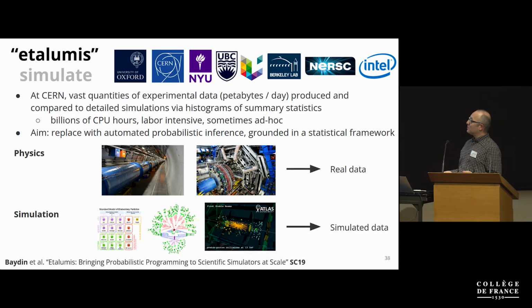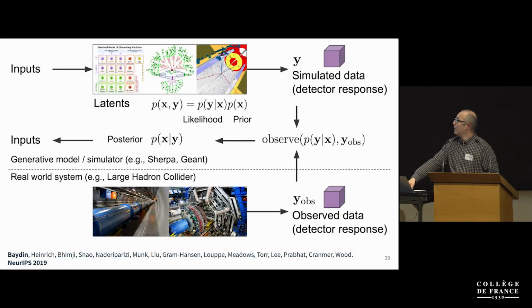So the ultimate goal is to have an inference pipeline that would make that type of thing more principled, or doing something like probabilistic programming, where you can actually condition on some real data and get some posteriors in your simulation type of result, which is not something currently being done in the particle physics community.